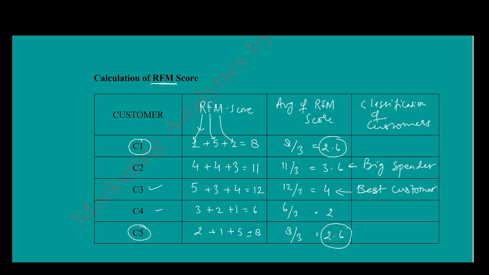What we can see about them is that either they are visiting frequently or they are spending more, which means even if they are not that frequent, whatever be their visit, they spend more, and if they are not spending much, they are coming frequently, which means that they are quite loyal.